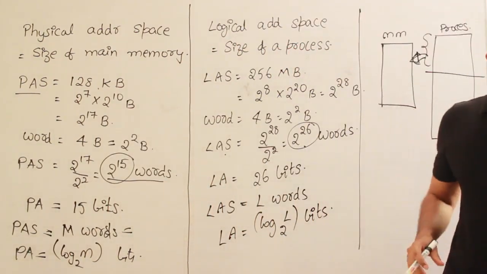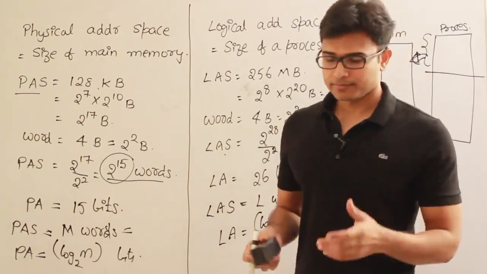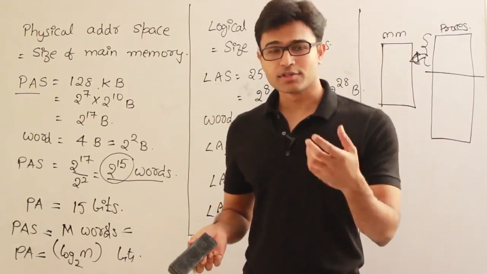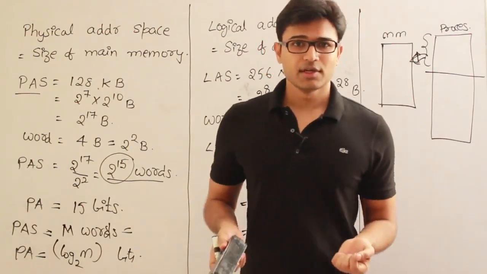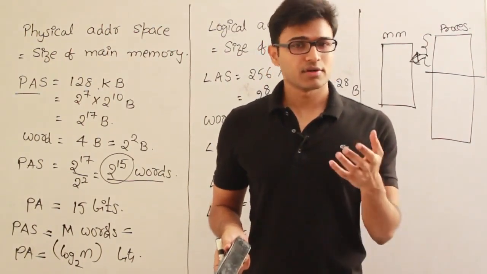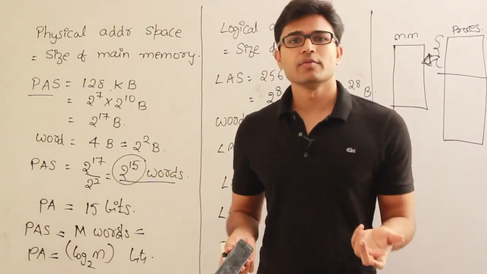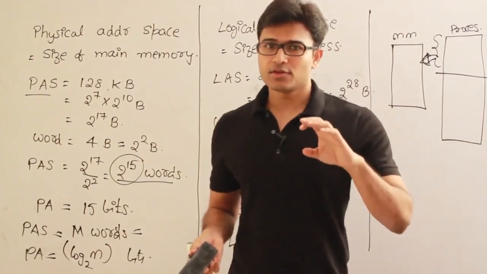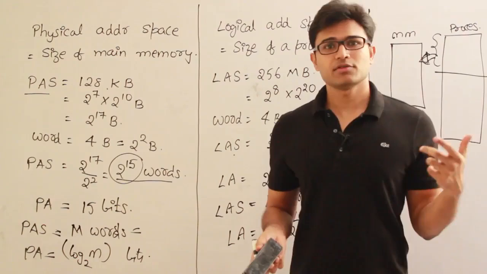Got it? And later, even though processes are able to fit in the main memory, see, even in a small mobile phone the RAM available is now 128 GB, isn't it? Technology is developing so fast that the size of the RAM available in devices keeps increasing, so main memory sizes are increasing.